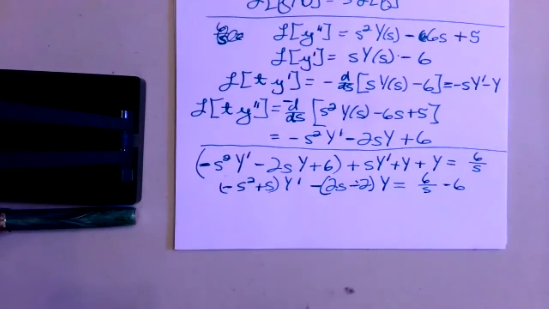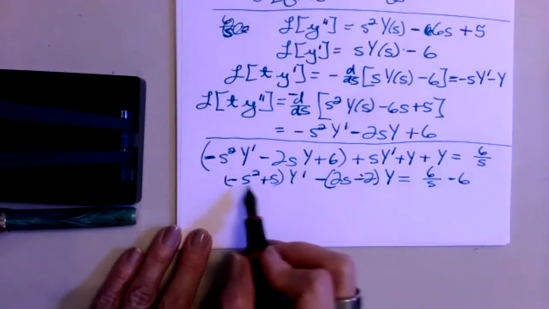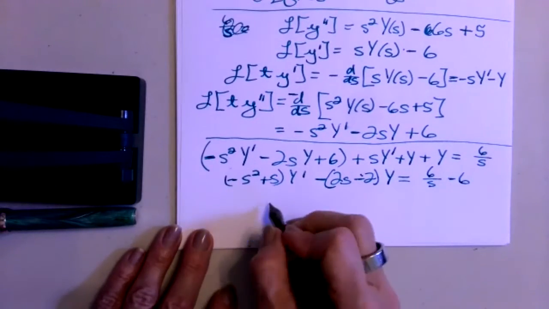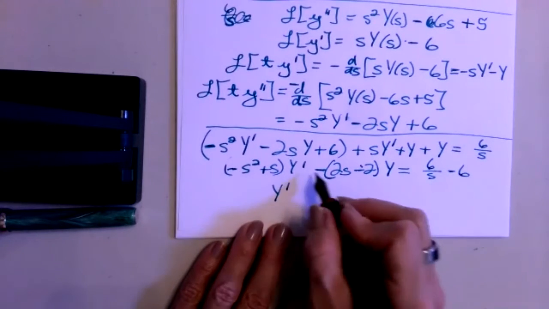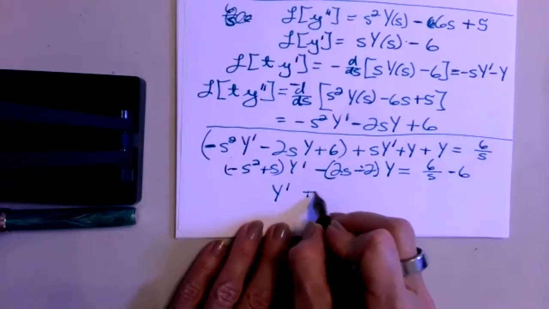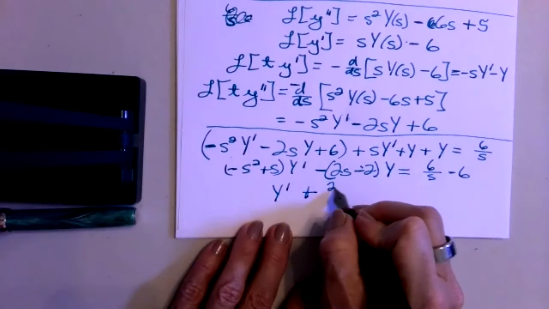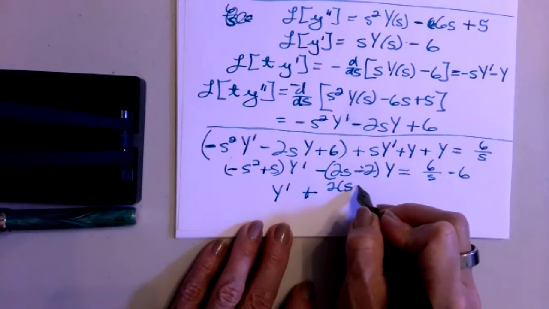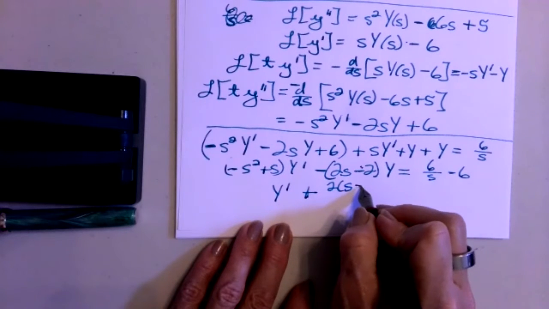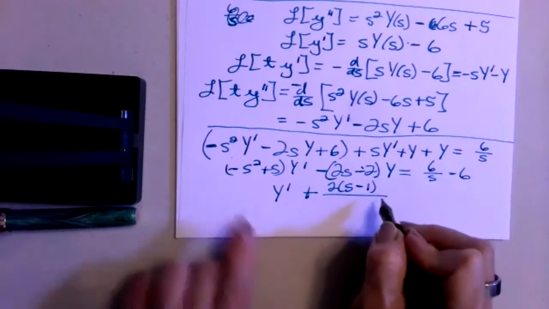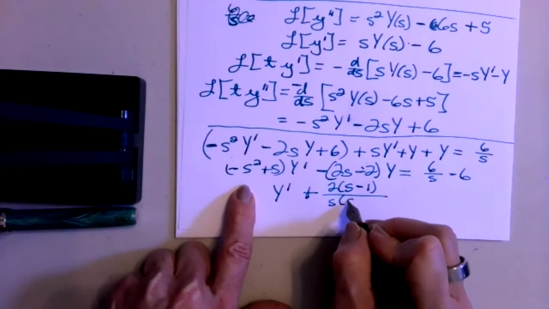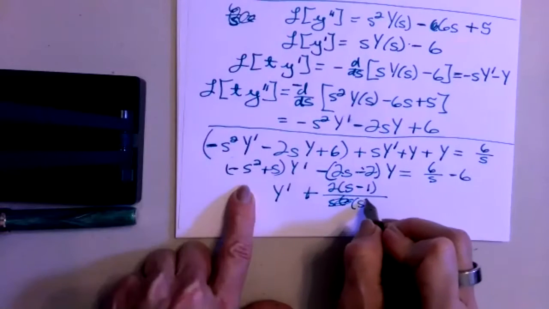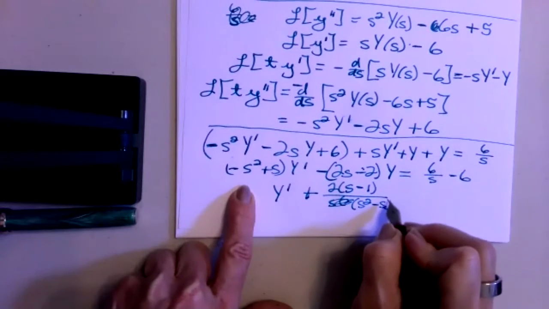Okay, and now let's go ahead and divide through by this coefficient. So I get Y prime. There's a minus, I'll make this a plus 2 times s minus 1 over, I'm taking out a minus sign. This will be s times, well, let me just write it as s squared minus s.